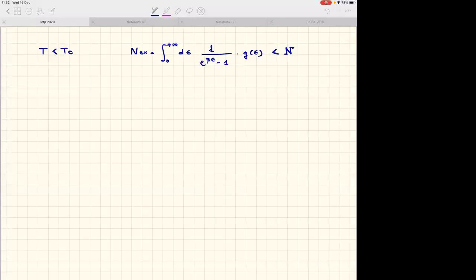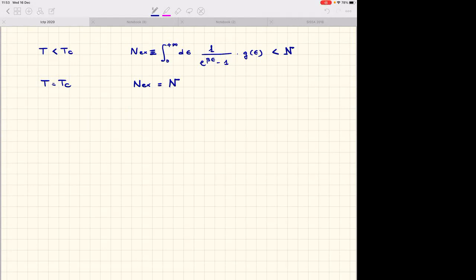What is NEX? Well, I'm defining it. This is equal to this integral. And for temperature equal to Tc, NEX is equal to N by definition. But for temperature smaller than Tc, this is smaller than N.